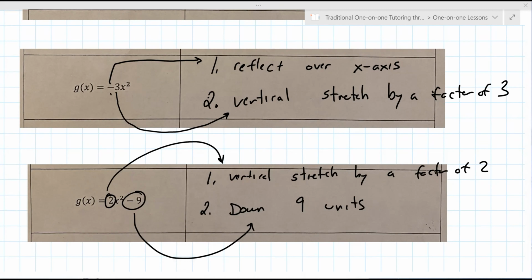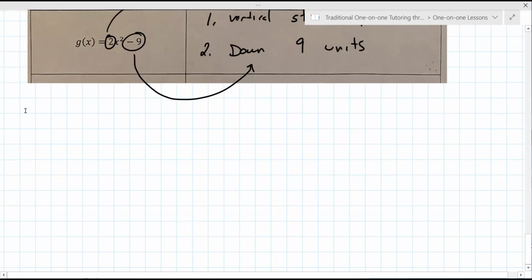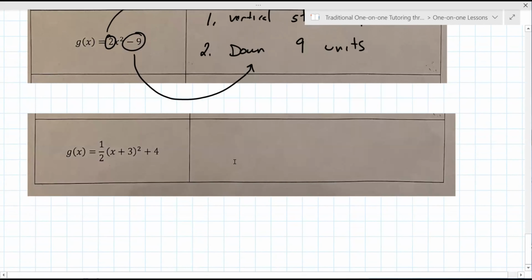Excellent. Okay, so this next one actually has a couple of things. It's got 3 transformations happening here. So let's see if we can do these one at a time. The first one is this x plus 3.